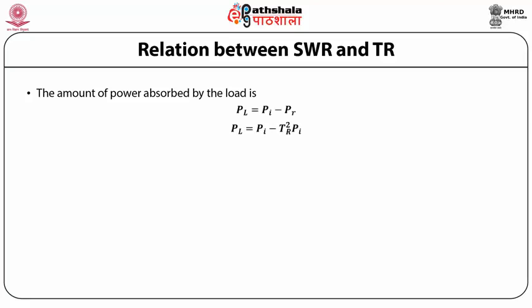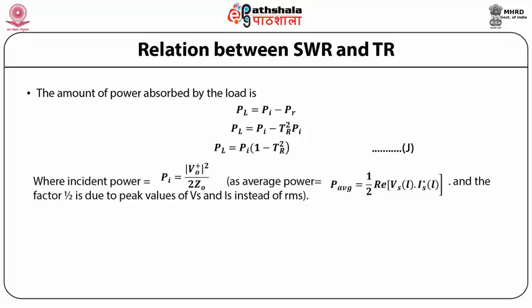So the amount of power absorbed by the load is PL equal to PI minus PR. So PL equal to PI multiplied by 1 minus gamma R square, where incident power PI is modulus V naught plus, the whole square, divided by 2 Z naught.